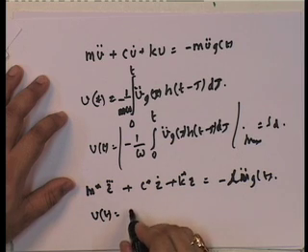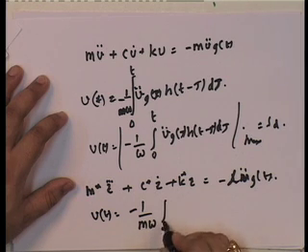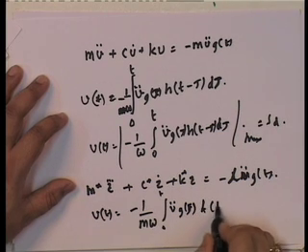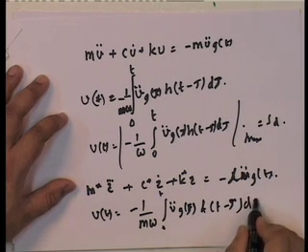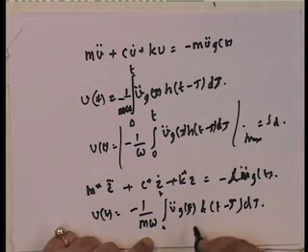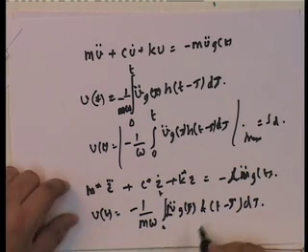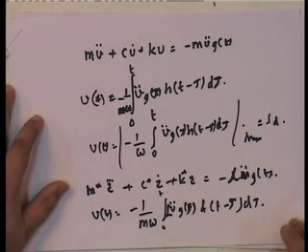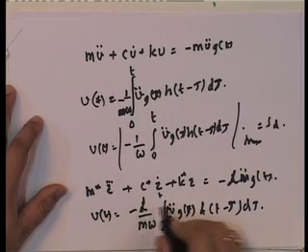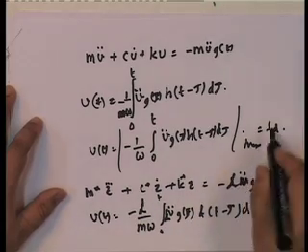This one will be minus 1 upon m omega, 0 to t Vg tau h t minus tau d tau, and the max of this, there will be an L here, L Vg double dot upon m star omega, and so this then becomes the solution. L comes out here. So, if you look at it, this part is identical to S D.